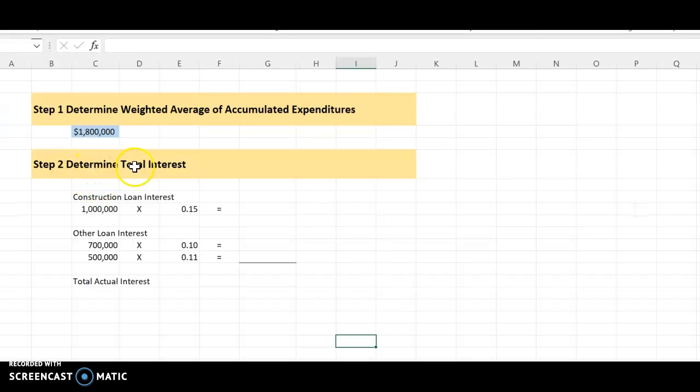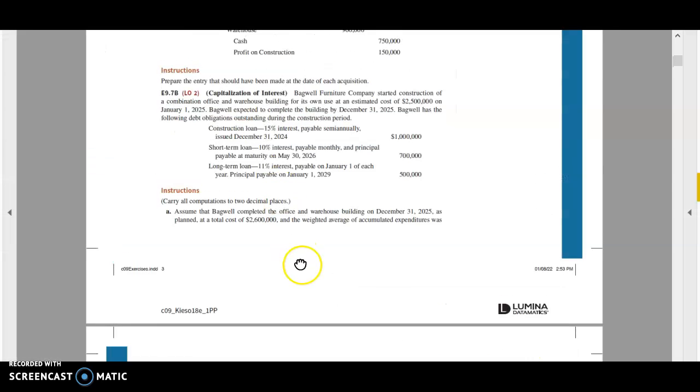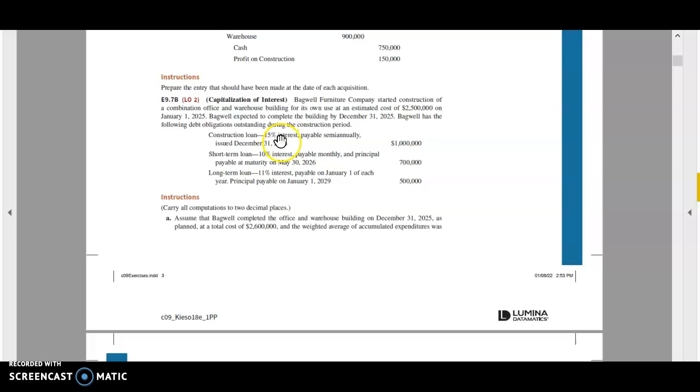Step 2 is to determine total interest. In the problem, they gave us some information about a construction loan that was $1 million at 15%, a short-term loan that was $700,000 at 10%, and a long-term loan that was $500,000 at 11%.